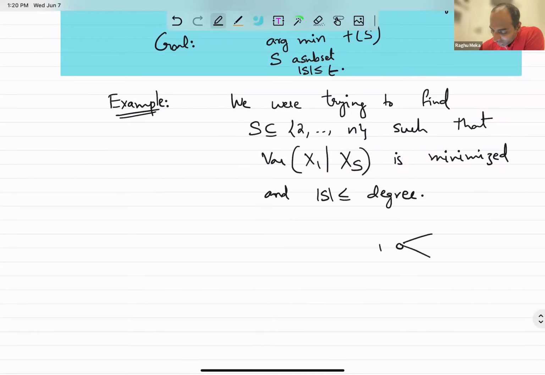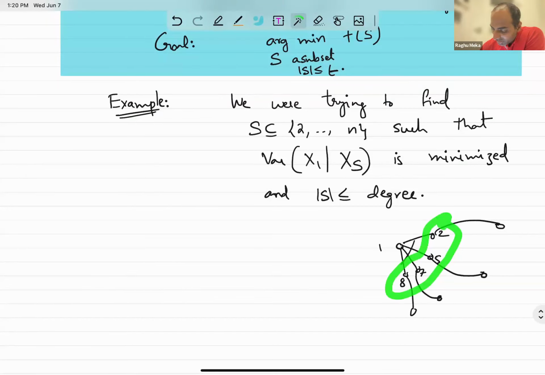And you have vertex 1 and it has some number of neighbors. Let's say it's connected to 2, 5, 7, 8. Now, if I have other connections, because of the graphical model structure, once I know the neighbors, conditioning on the others is irrelevant.